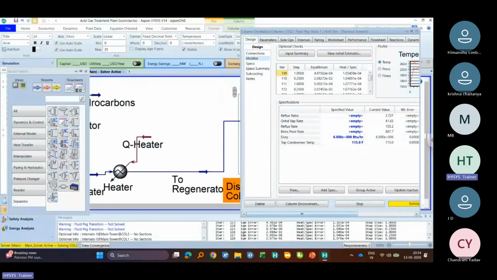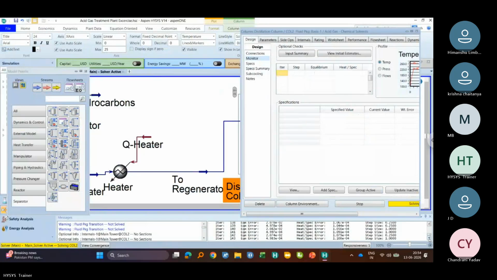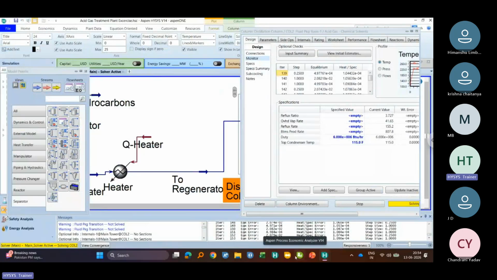It has gone to 131, 151, 161, 170 iterations till now. Still it is not solved. You can see that the status is still solving.